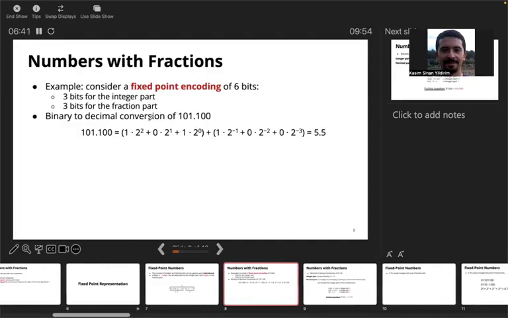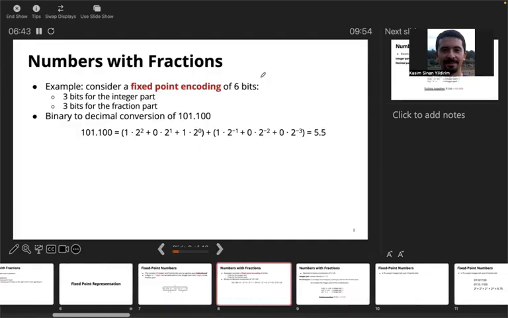So what does it mean? Let's say I have 6 bits, and I am going to use a fixed point representation in which 3 bits will be used for the integer part of real numbers, and 3 bits for the fractional part.